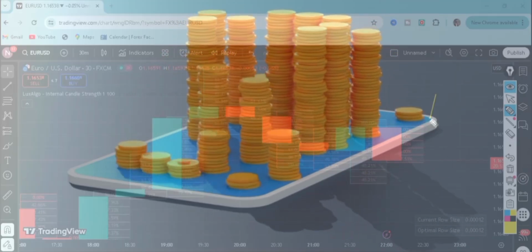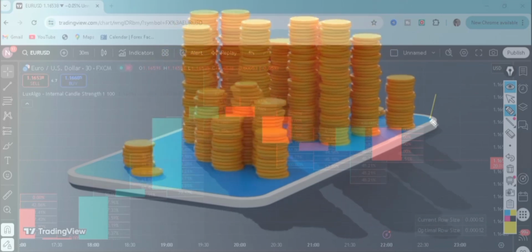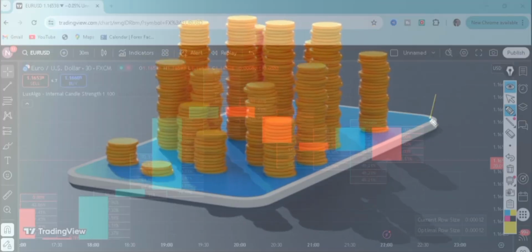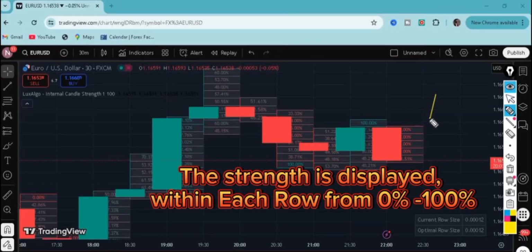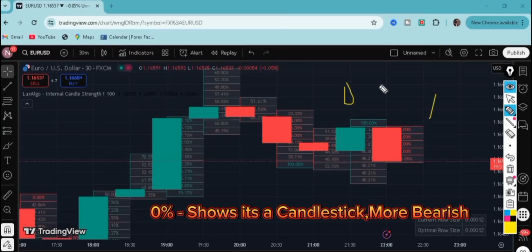Okay, and so guys, I want you number one to understand, as I've told you, that it shows the strength of a candlestick pattern. The strength is displayed within each row from 0% to 100%. So we have 0 to 100%. And guys, keep in mind that when you see 0%, it shows the candlestick is more bearish.